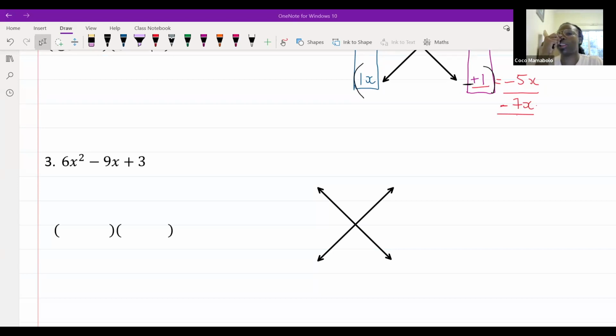What is 3 divided by 3? Okay, try again. Omi, double check, double check, double check.